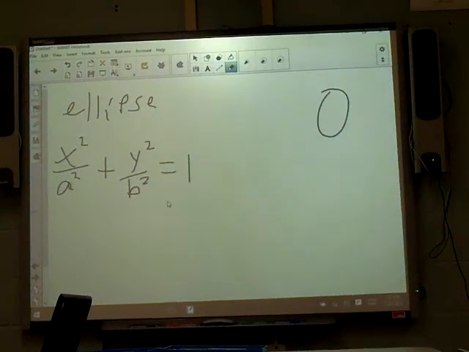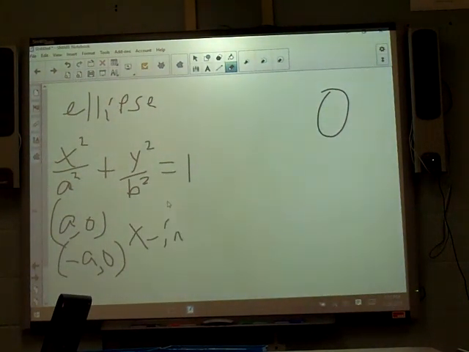But what you're going to notice special about an ellipse, other than the fractions, because anything could be over 1 and be a fraction, but it's going to be equal to 1. Notice this one doesn't say equal to r or anything, it says equal 1. So it'll be a 1 over there every time. Now out of this, the a, 0, and negative a, 0 are going to be your x-intercepts.